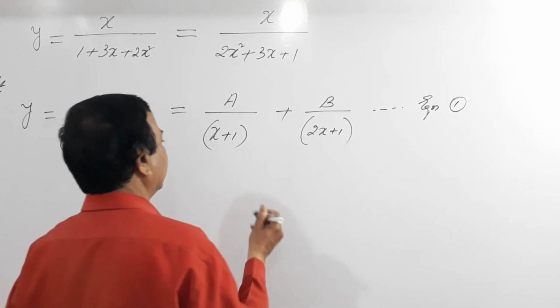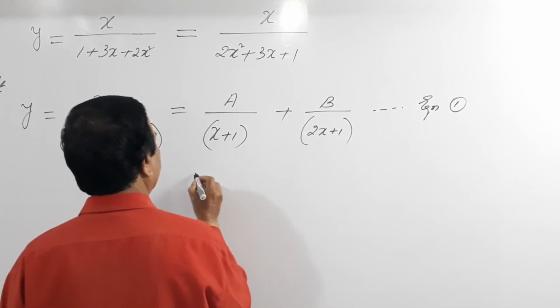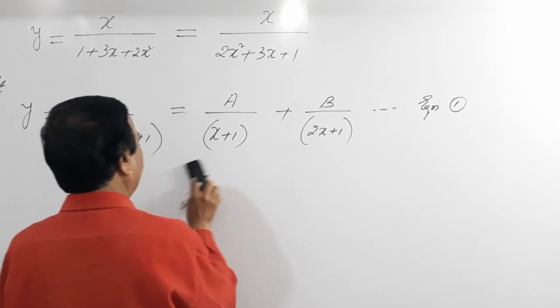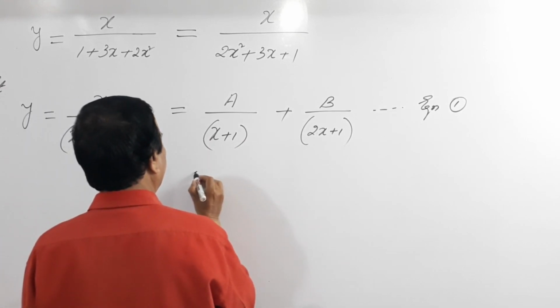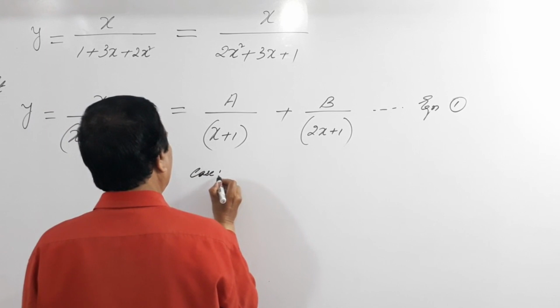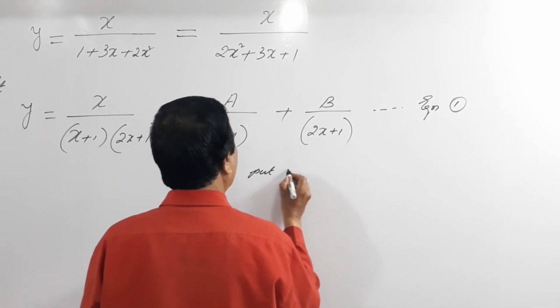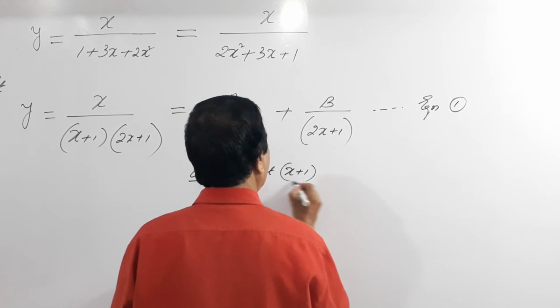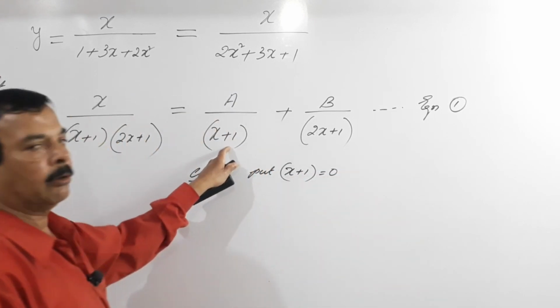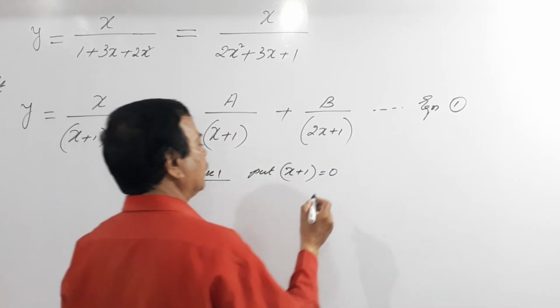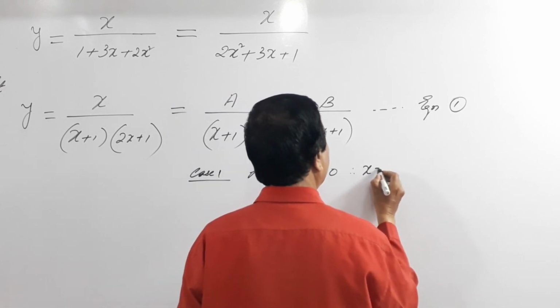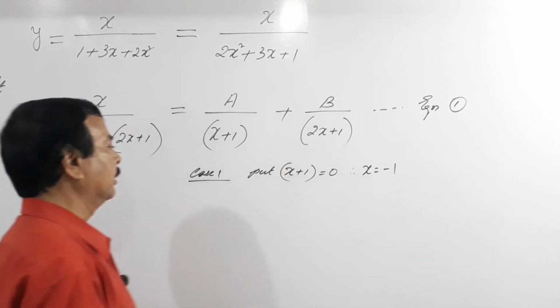First, case 1: put x plus 1 equals to 0. Therefore, x equals to minus 1.